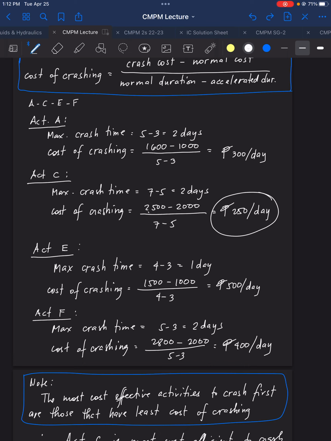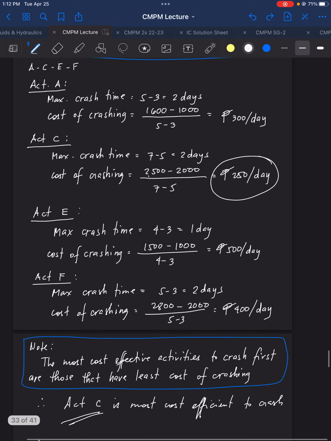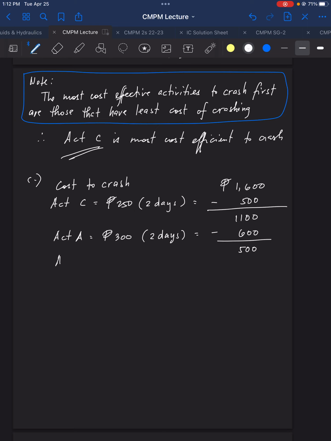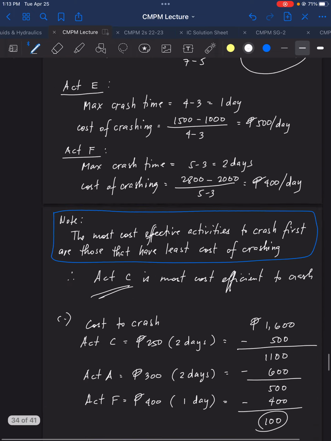As for me, I will choose activity F because I can accelerate the project by 1 day, for 400 pesos only. So 500 minus 400, I still have 100 pesos to utilize. But then we cannot use that anymore.